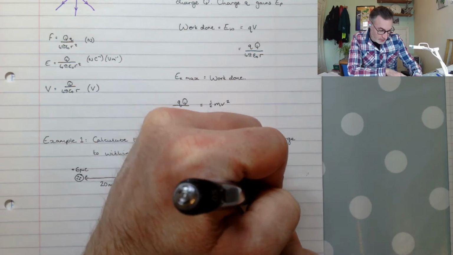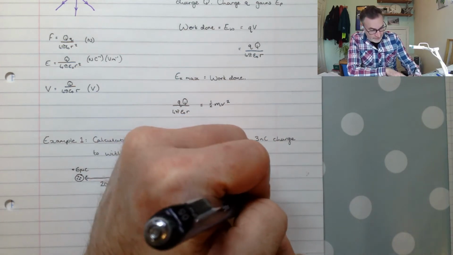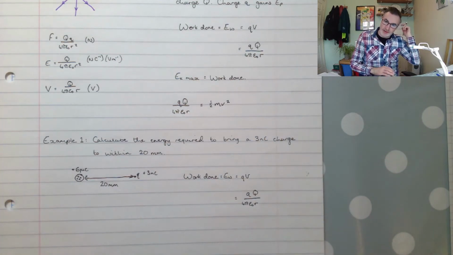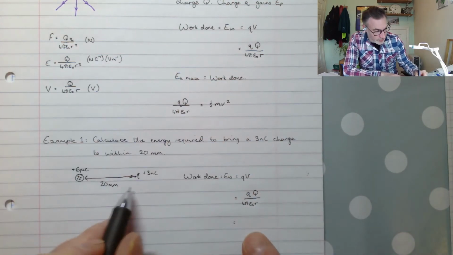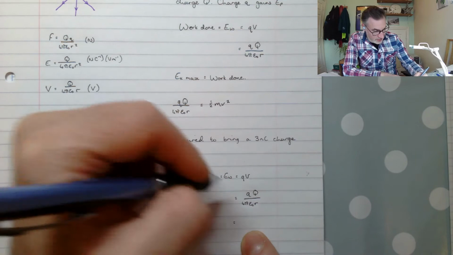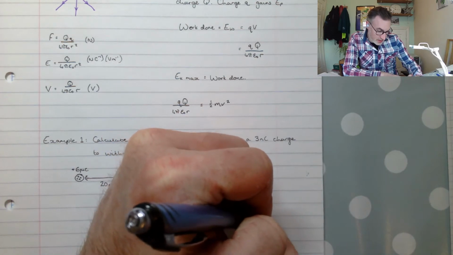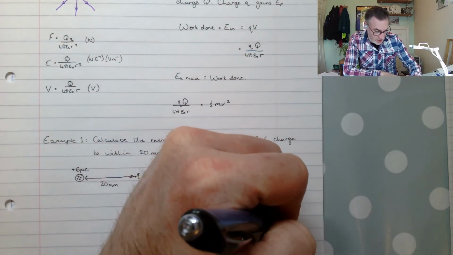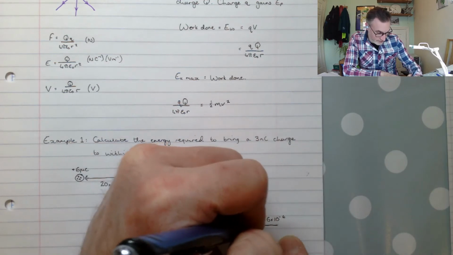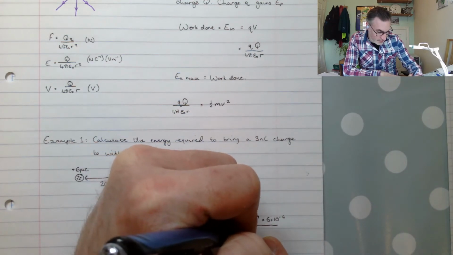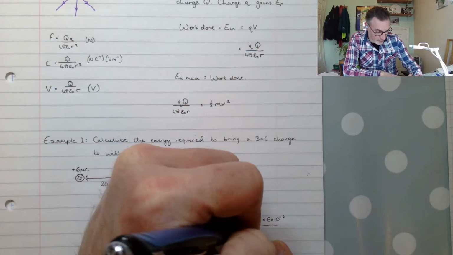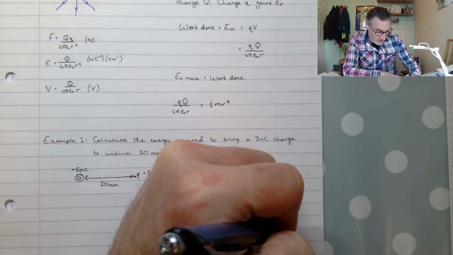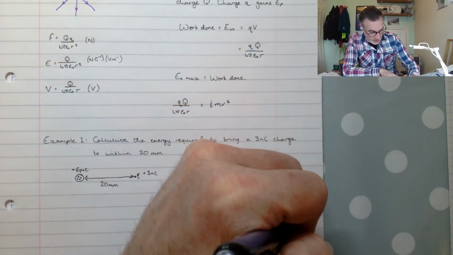So that's going to be little q times big Q over (4 pi epsilon naught r), and so we can have 3 times 10 to the minus 9 times 6 times 10 to the minus 6 over 4 pi times 8.85 times 10 to the minus 12 times 20 millimeters.